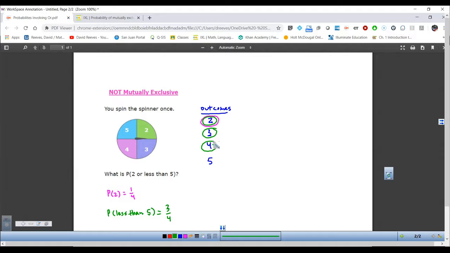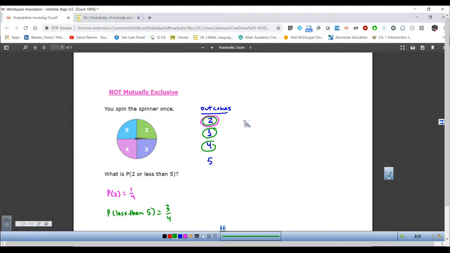So if I spin, how many would be a winner? If I got a 4, is it a winner? Yes. If I got a 3, is it a winner? Yes. If I got a 2, is it a winner? Absolutely. So the probability of getting a 2 or less than 5, which ones are my winners? 3 out of 4.